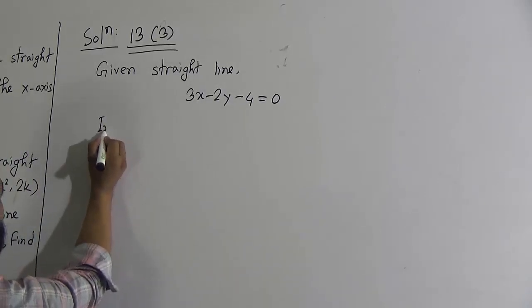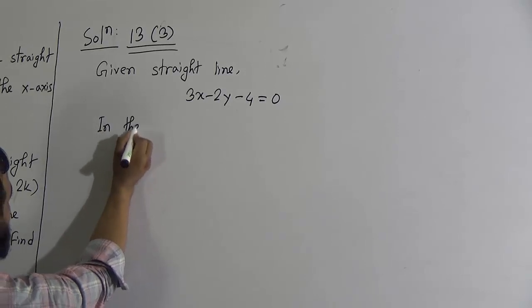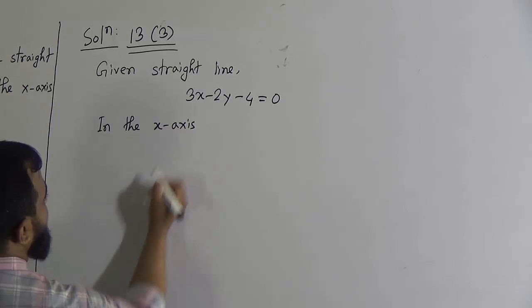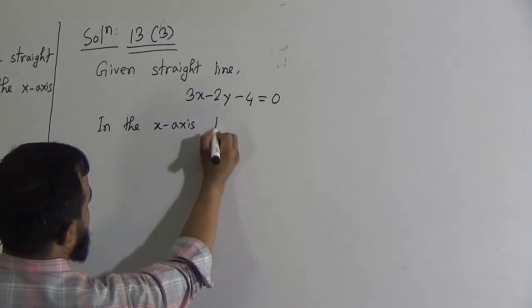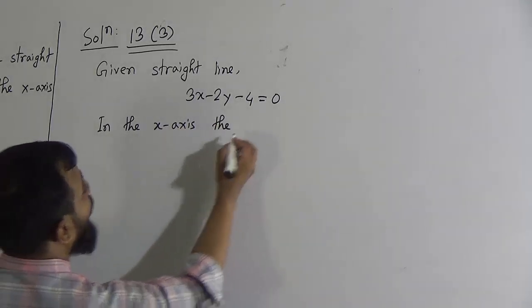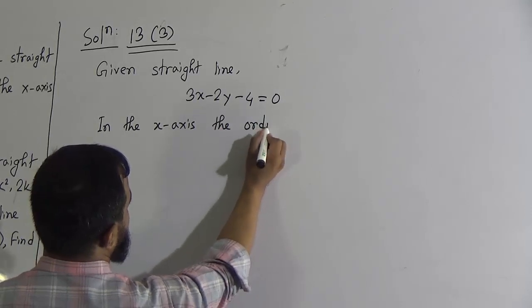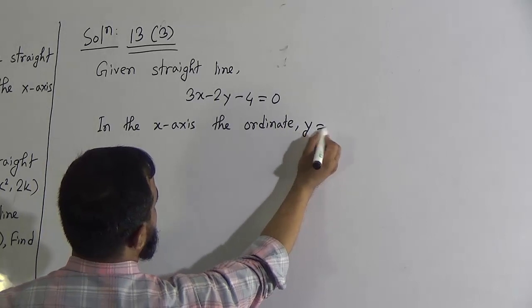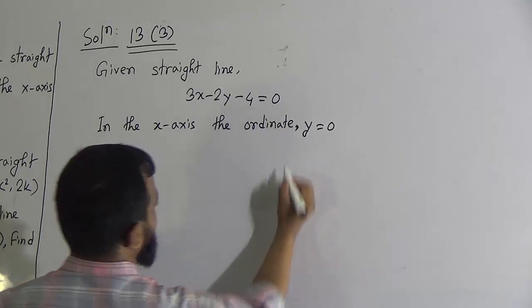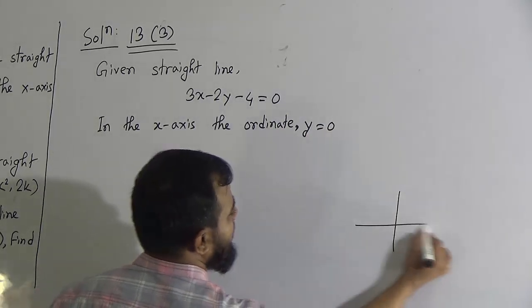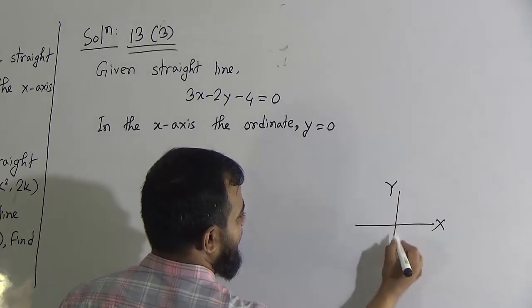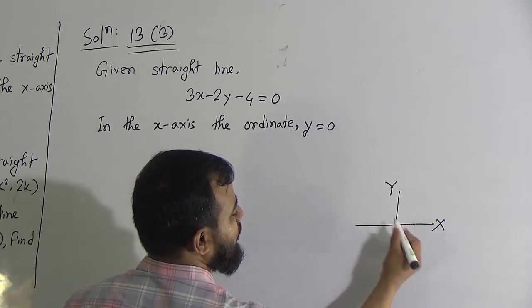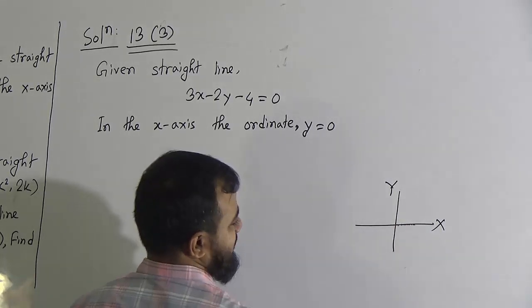In the x-axis, the ordinate y is equal to 0. Look, this is the x-axis, this is the y-axis, and on the x-axis all the y values are 0. So the ordinate will be 0 on the x-axis.